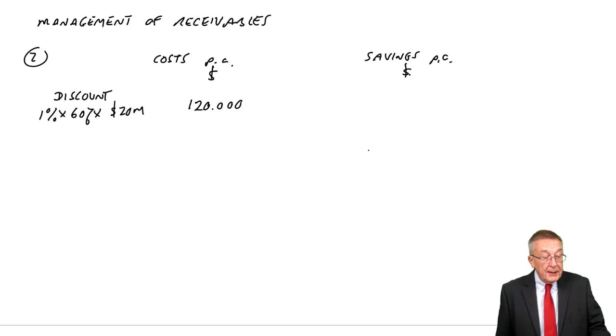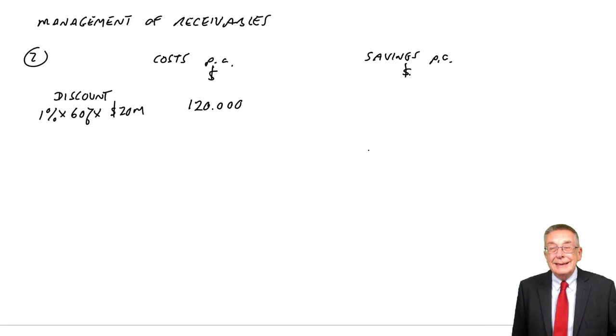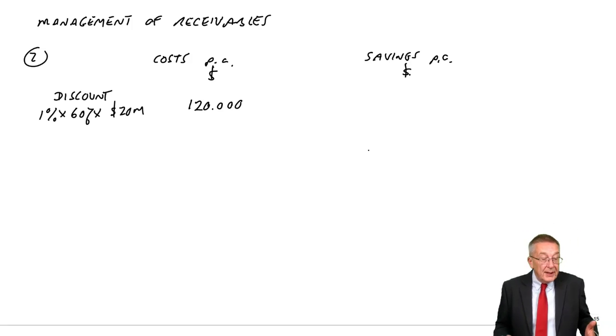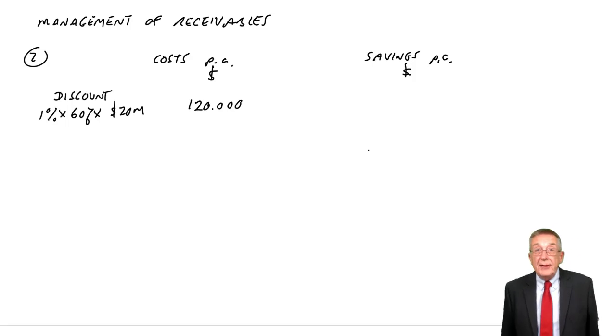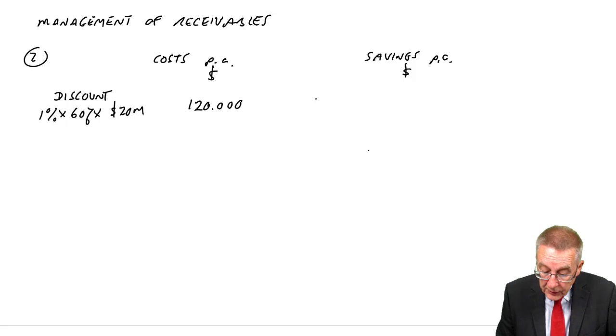Now the benefit is that because overall we're going to receive money from customers sooner, we'll save overdraft interest at 15%. So the benefit is going to be the interest saving.